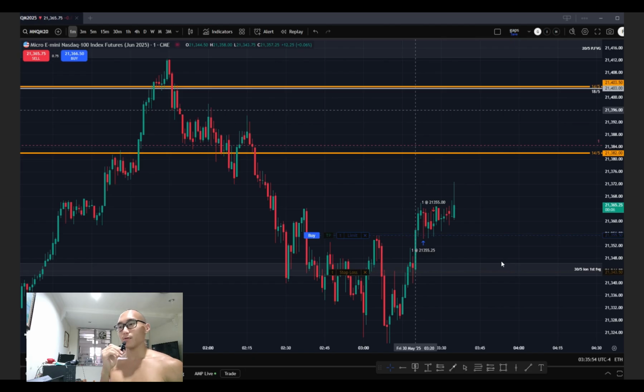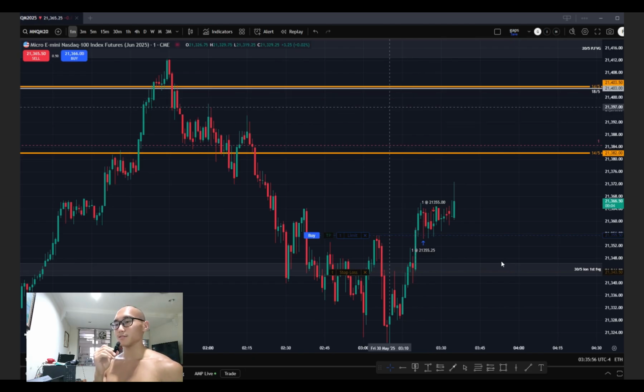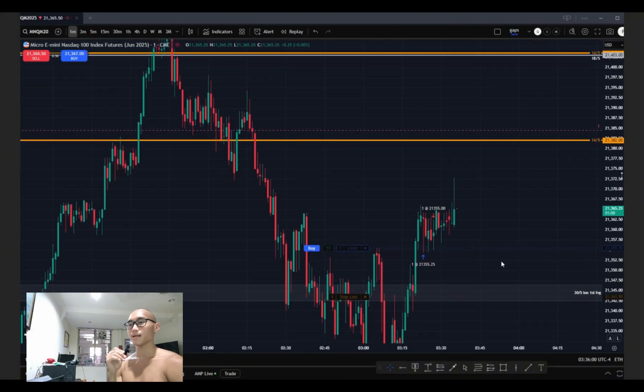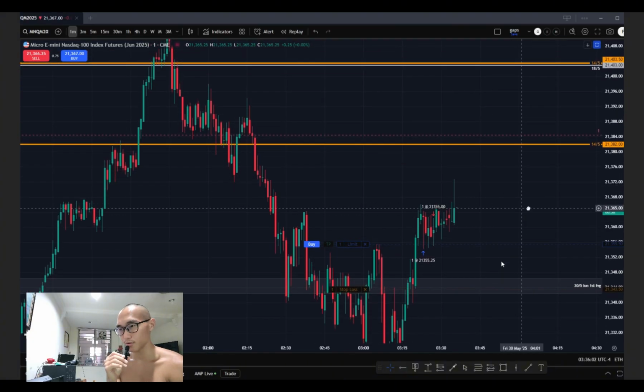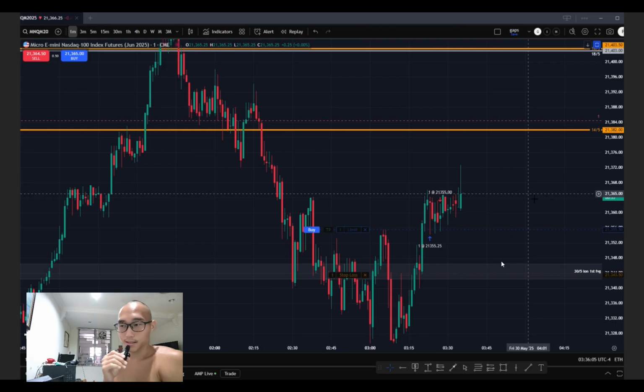The way I manage it is I just managed the stop loss, so it ended up me getting stopped out because I sort of strangled the trade.